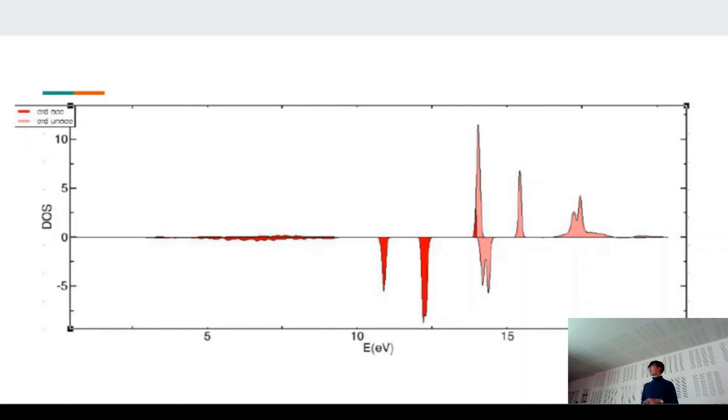Long story short, he says there is a bug in the programming when it illustrates the graph. So by right, this peak should be colored red instead of pink. Full red, yes. He mentioned something about a shift in the Fermi energy, so maybe that's why we see a partial red here.